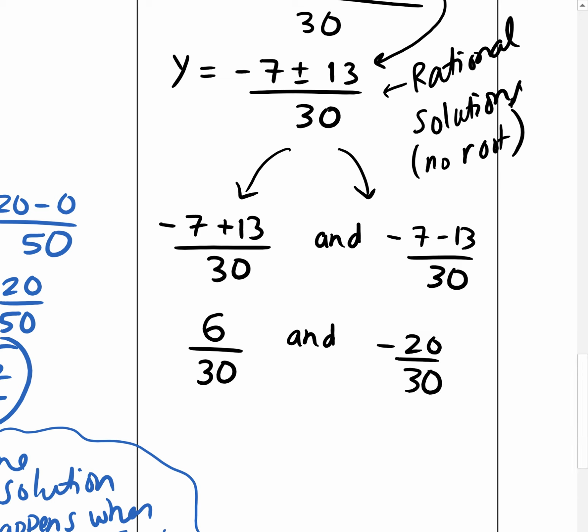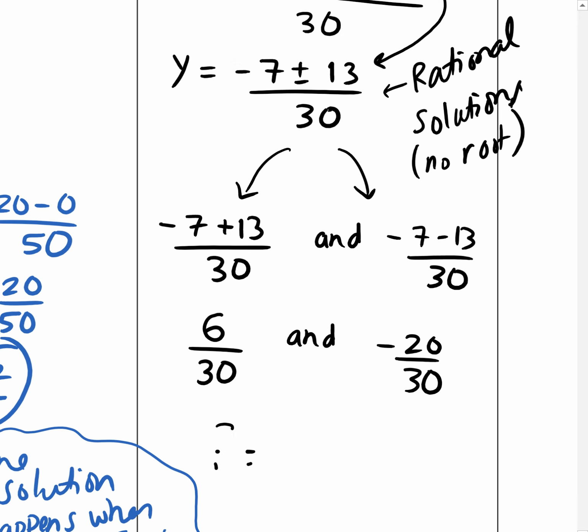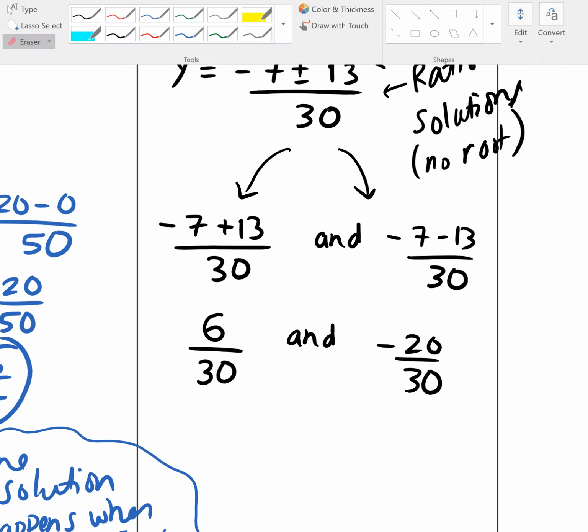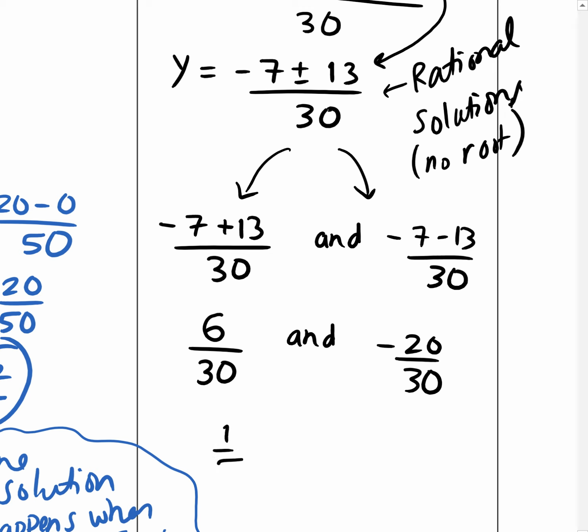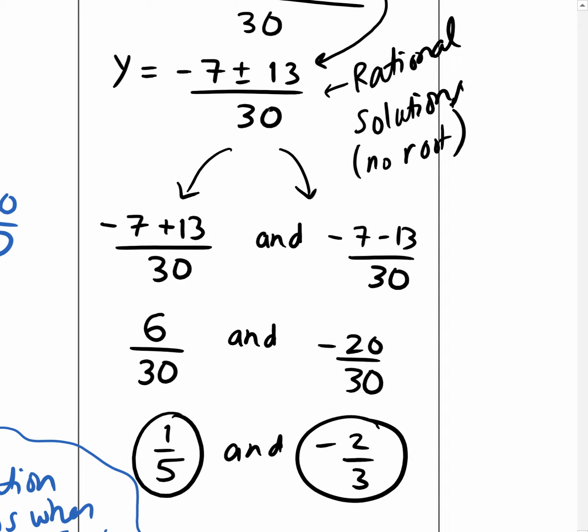Each of those reduces. The left one reduces to 1/5, because 6 goes into 30. And the other one reduces to negative 2/3. Those are pretty nice answers. I like that. Okay, not bad.